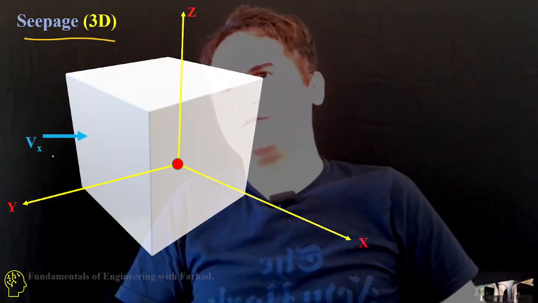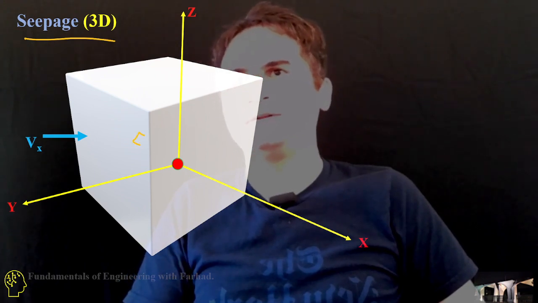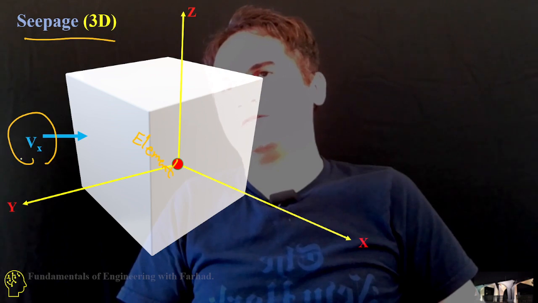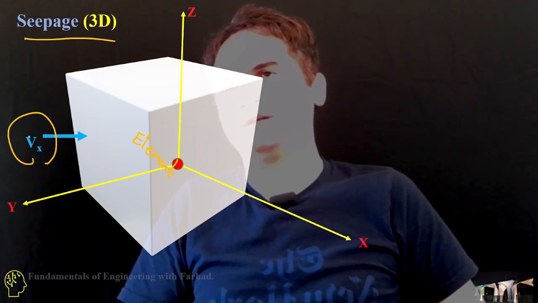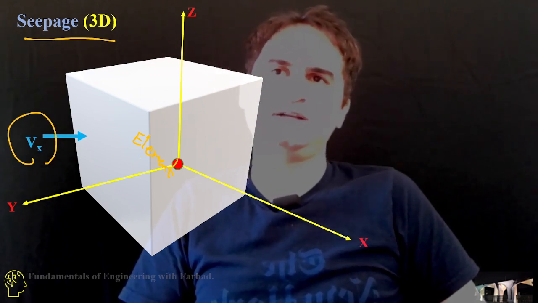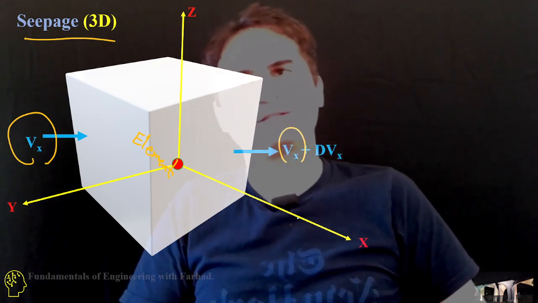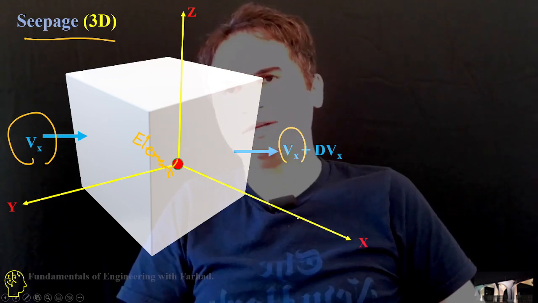It just says if there is an element of our study, water or fluid, the velocity Vx enters here, and we have Vx plus the derivative of Vx, either increasing or decreasing.